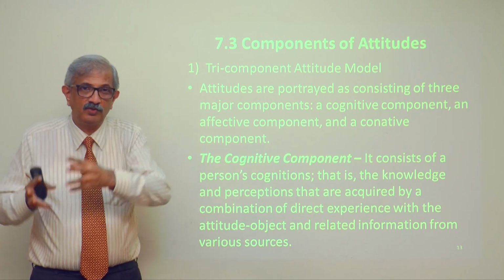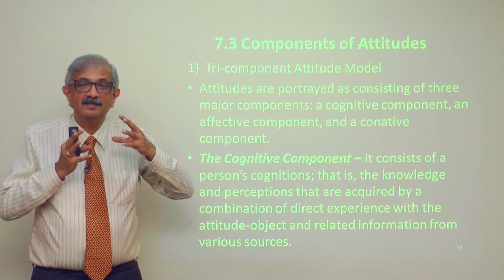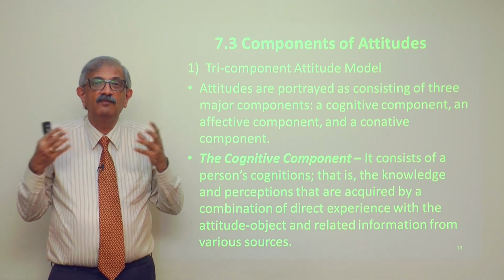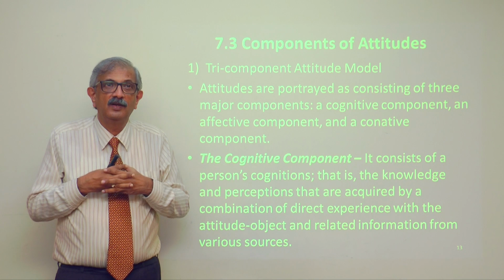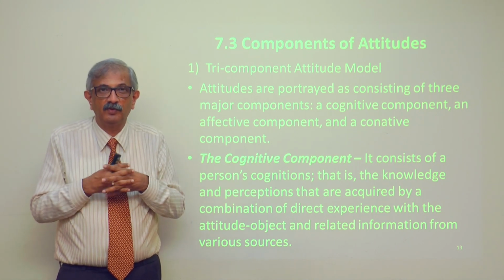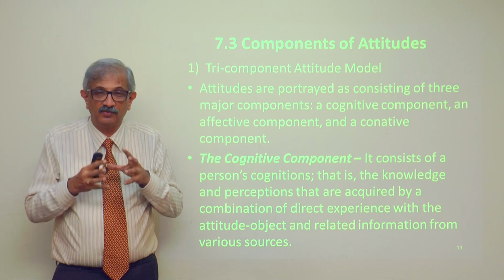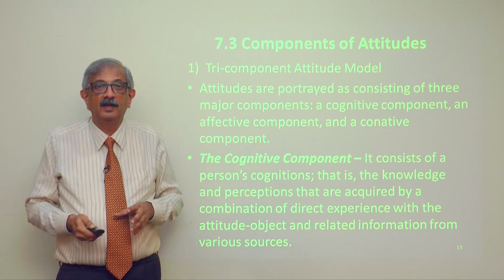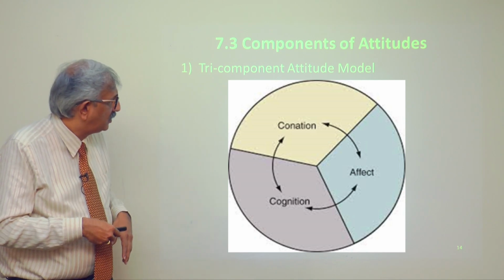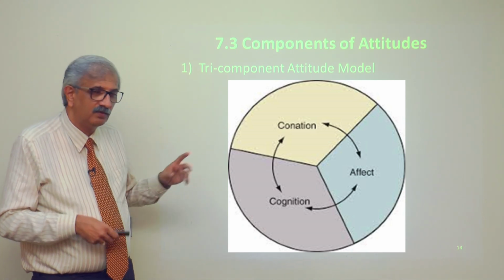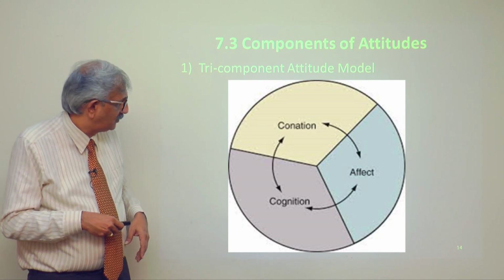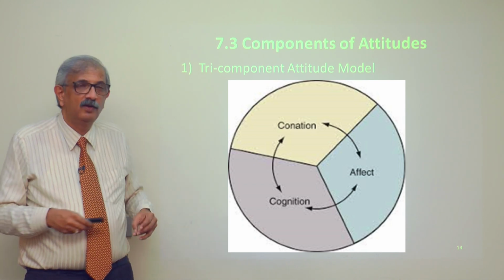So various sources of information on one hand, and his direct experience on the other hand, enable him to infer and to build opinion. That's the cognitive component of attitude formation, and that's the attitude formation stage.